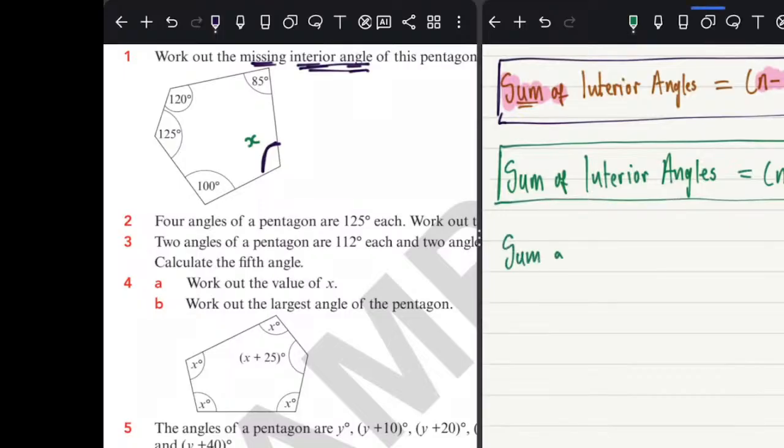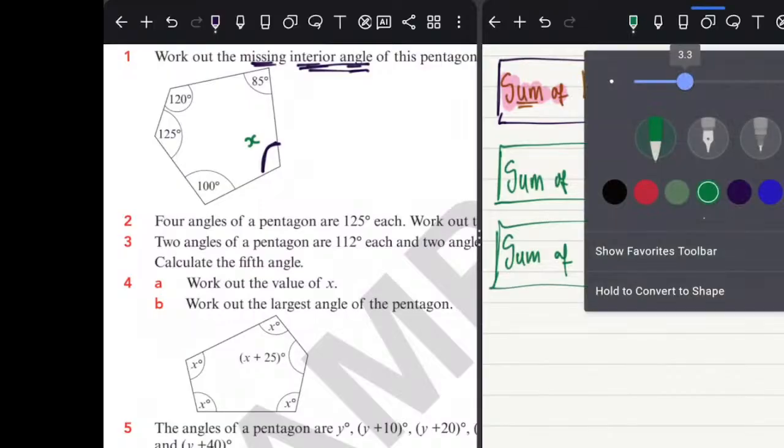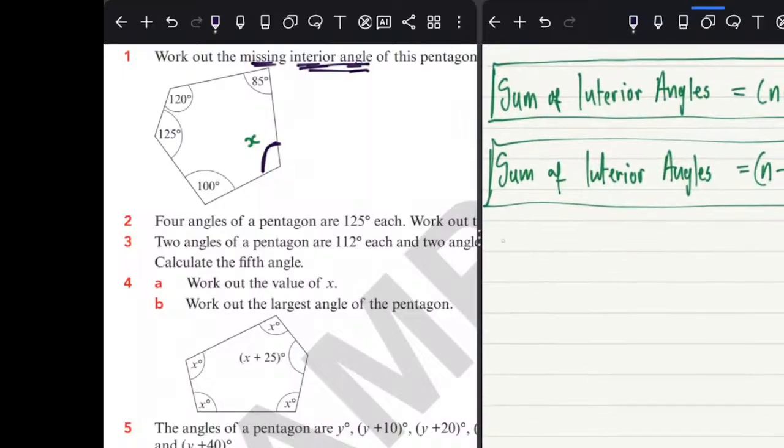Sum of interior angles is equal to n minus 2 times 180 degrees. Write it like 5 times. Write it again. We want to write it 5 times. Write again to say the sum.